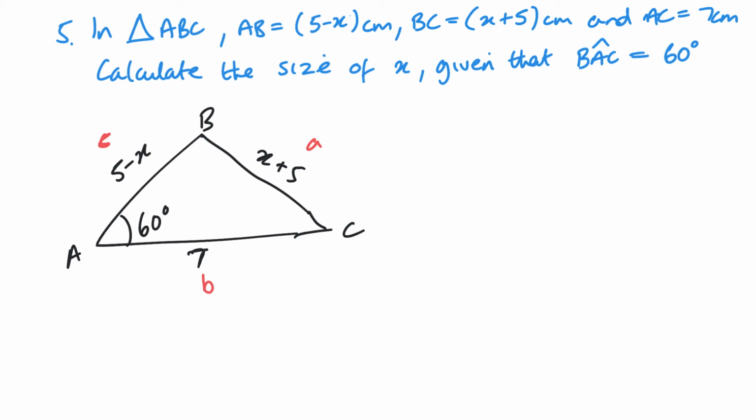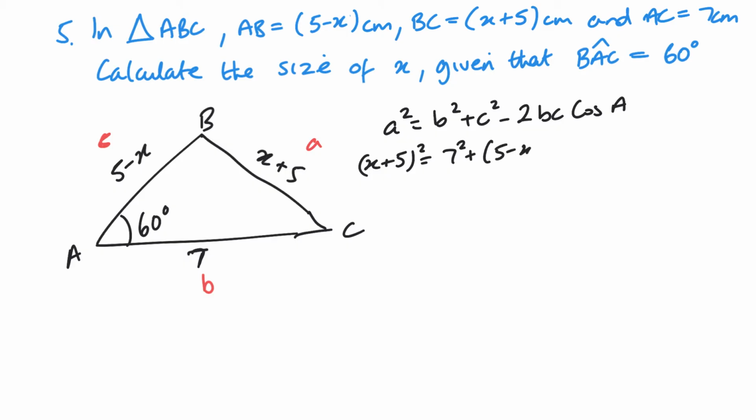So since we're looking at capital A as an angle, we're going to go with a squared equals b squared plus c squared minus 2bc cos A. And substituting in everything I know, x plus 5 squared equals 7 squared plus 5 minus x squared minus 2 times 7 times x minus 5 times cos 60.